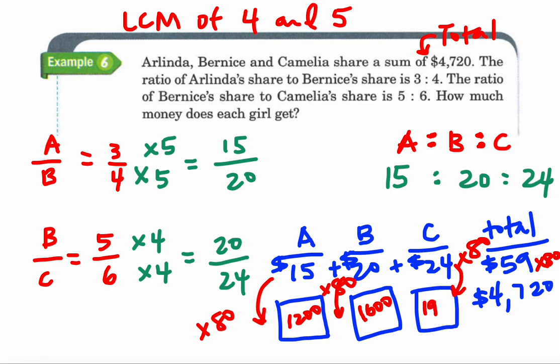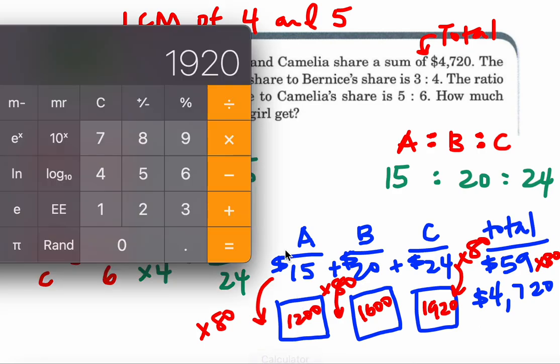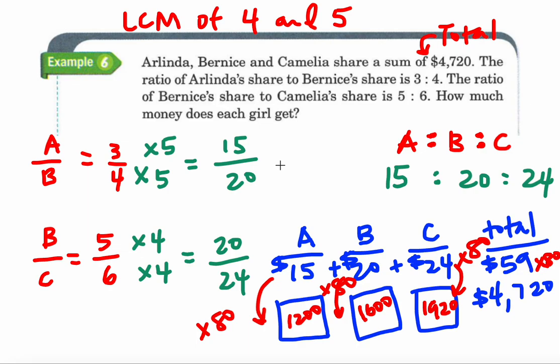Let me rewrite that because that's not very clear. 1,920. Okay, and then you know what? Since they're big numbers, let me just double check. Let me add up all these numbers and just see if it gets me back to that total. 1,200 plus 1,600 plus 1,920. Yep. Okay, so that's how much each girl gets.